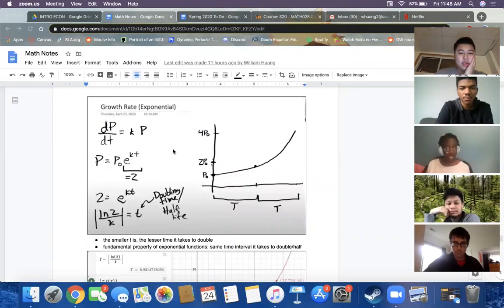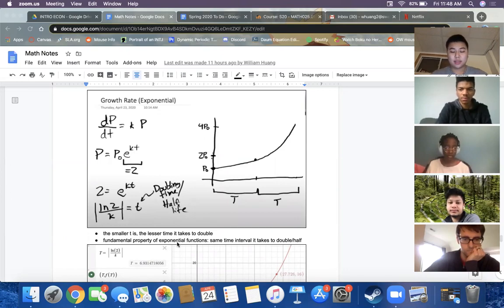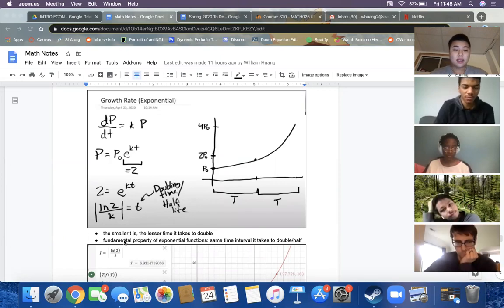When we're talking about exponential growth rate, we're talking about either when something doubles or halves its quantity. Basically, the smaller the t is, the less time it takes to double, and the other way around too: the smaller the t is, the less time it takes to halve. It just means that the curve is going to be steeper.